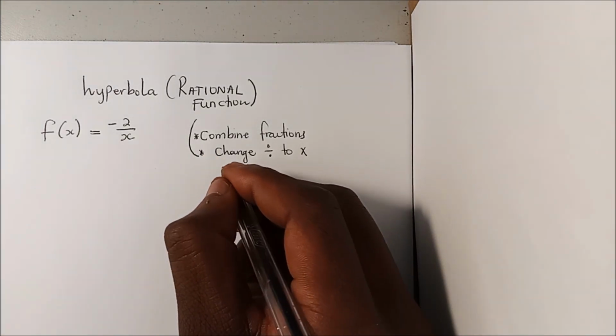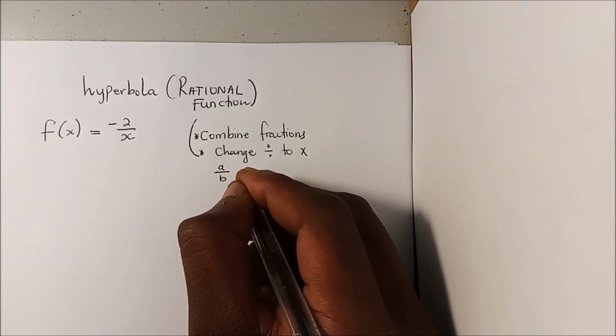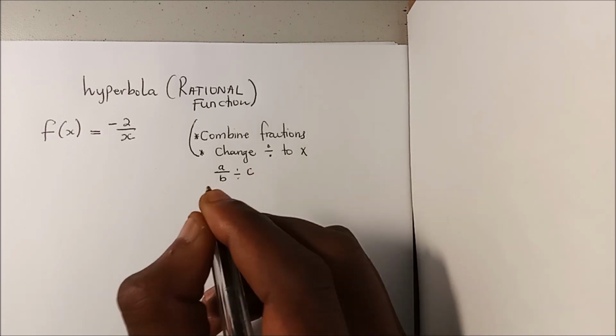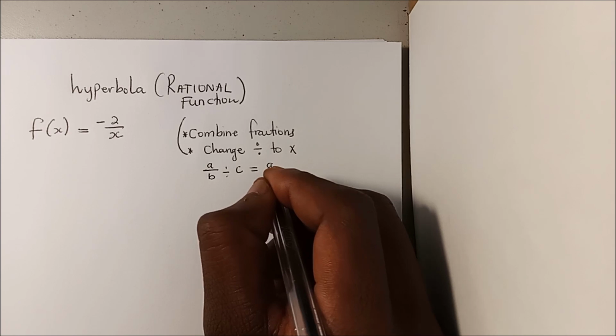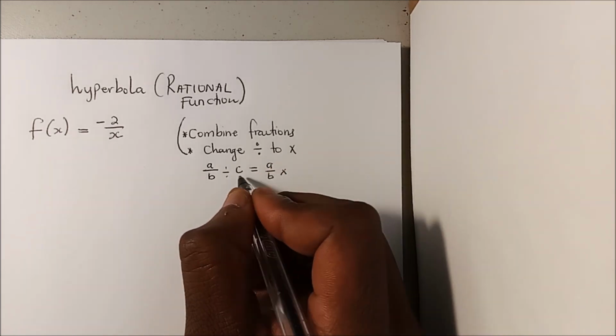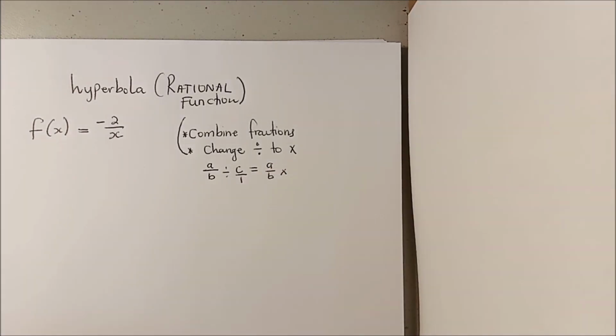And remembering that if you have a over b divided by c, this is the same thing as a over b multiplied by, look at this, c over 1.